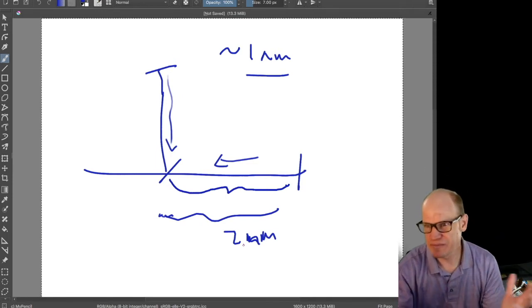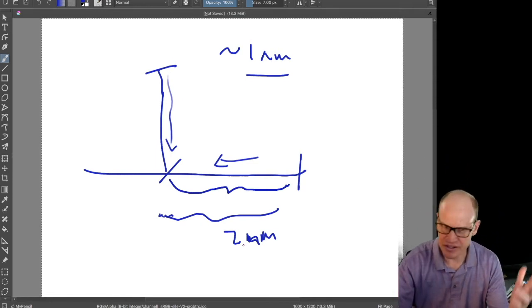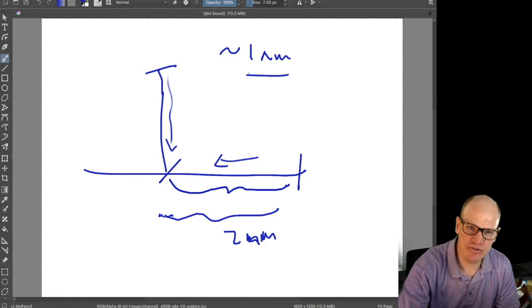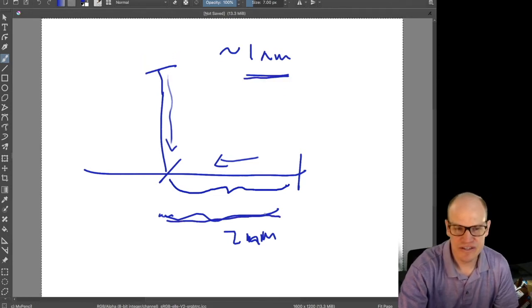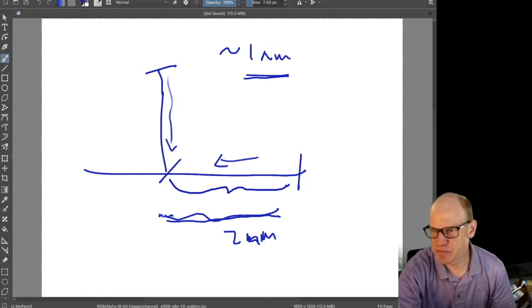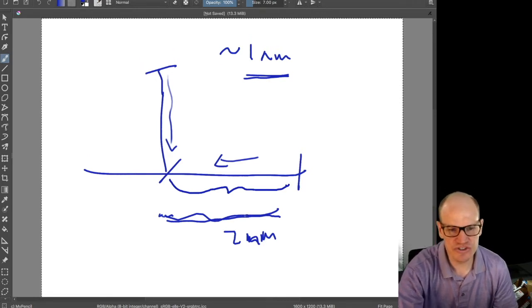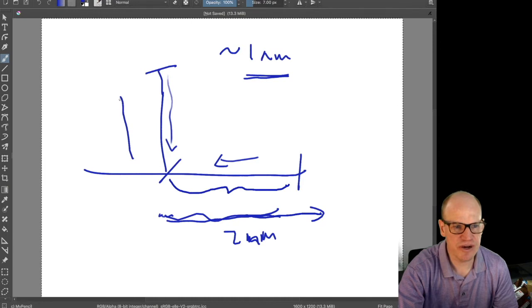Of course you're not going to make an interferometer that's 2 nanometers long, but we can pretend. If you're only capable of making a 1 nanometer measurement and your instrument is only 2 nanometers long, that's not going to cut it. That's a 50% uncertainty. So you lengthen these arms as much as possible.